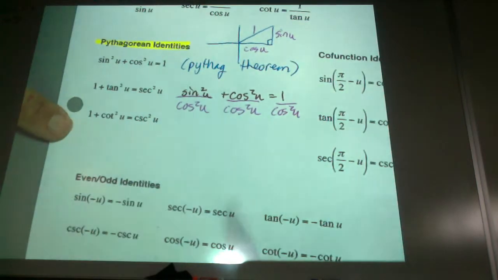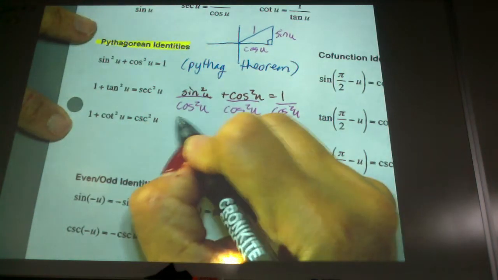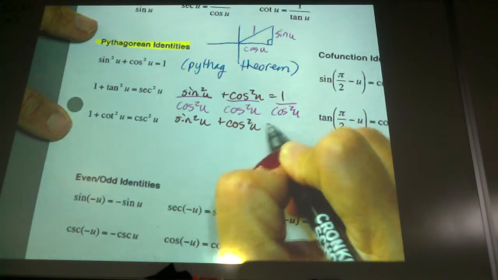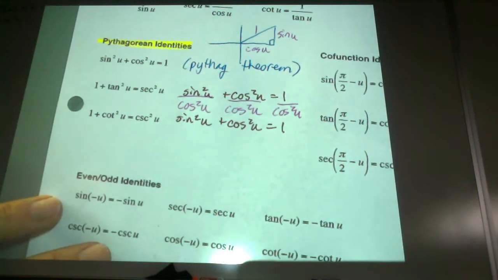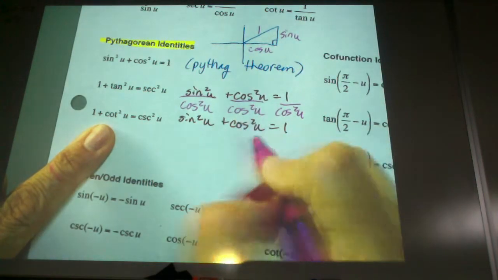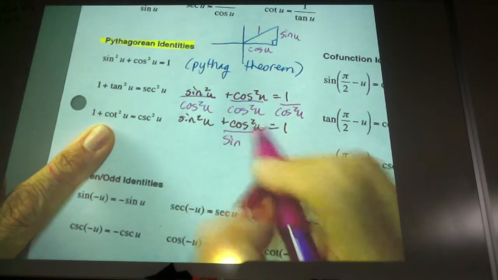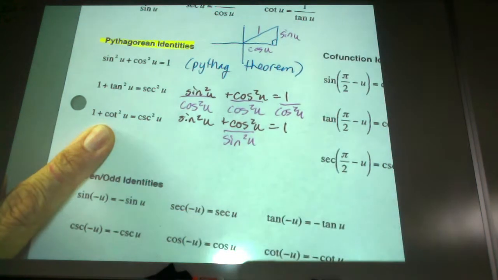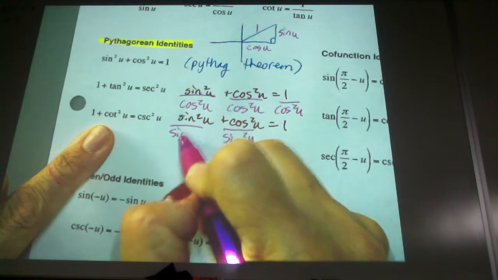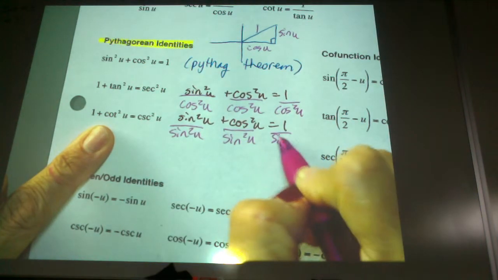And so that is how we derive this. How do I derive this one? What am I going to divide by this time? By sine. Because cotangent is cosine over sine. So I want my cosine that has sine in the denominator. You might want to wake up. Please. And so if I divide that by sine squared, everything gets divided by sine squared.